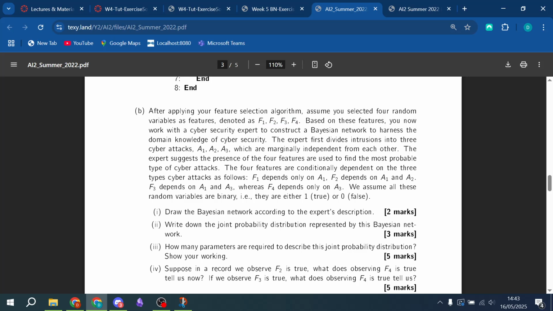So F1 only depends on A1, F2 depends on both A1 and A2, F3 depends on both A1 and A3, and F4 depends on A3 only. Yeah, and they can be either true or false. And it just says draw the network.